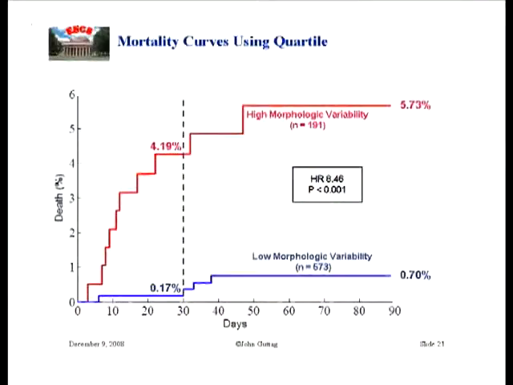Here's one evaluation. We took the 25% of the population that we thought was at the highest risk, and you'll notice that within actually the first 30 days, 4.19% of those people were dead. This was a retrospective study, by the way. The ECG had been recorded, and we had follow-ups on them.